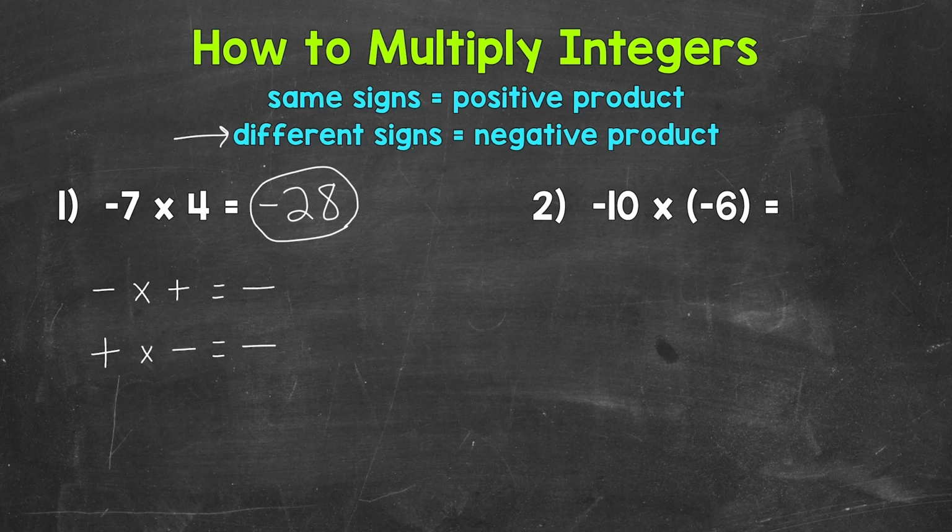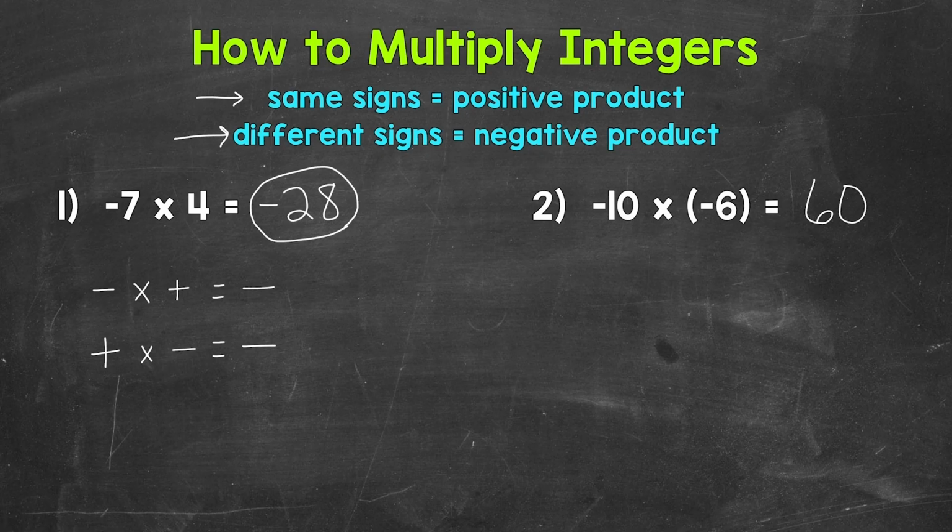Let's move on to number 2, where we have -10 times -6. So we have the same signs there. We have 2 negative numbers. So our product will be positive. So let's think. 10 times 6 is 60, and we have the same signs there. So this is going to be a positive 60.